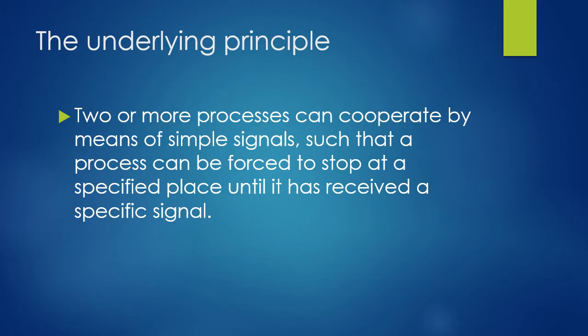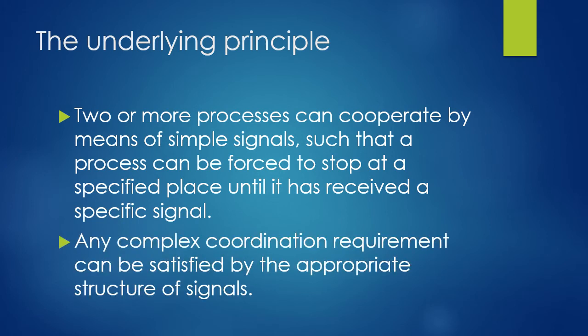The fundamental principle is this: two or more processes can cooperate by means of simple signals, such that a process can be forced to stop at a specified place until it has received a specific signal. Any complex coordination requirement can be satisfied by the appropriate structure of signals.